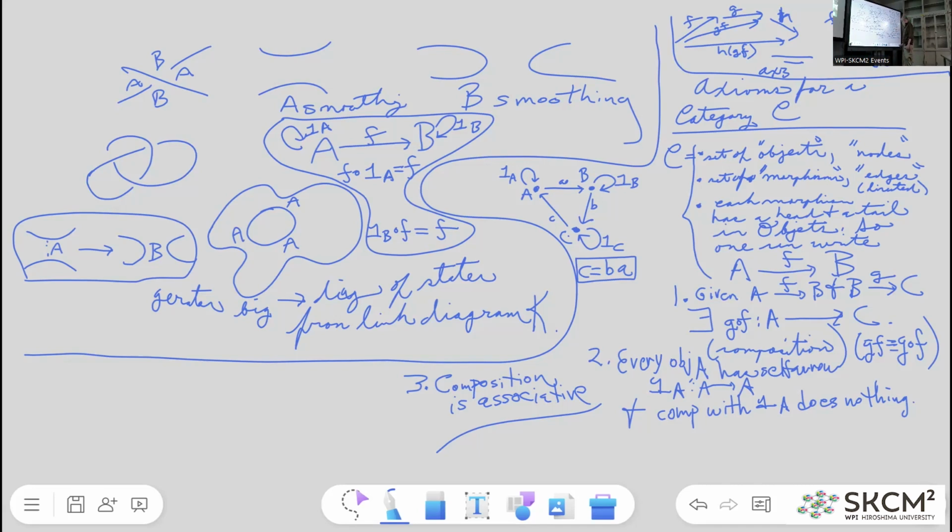Let's look at a couple of them. Suppose I had one object and an identity morphism on that object. There's the smallest category possible. The identity morphism composed with itself is just the identity morphism, and nothing else is happening. Done, right? It's a category.